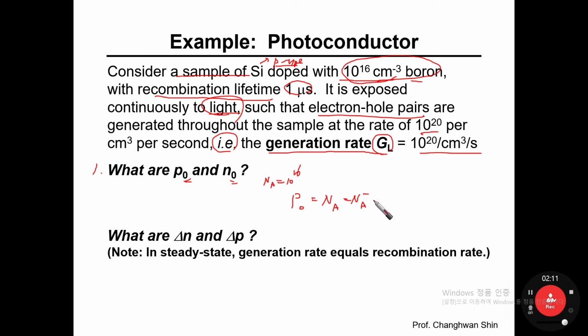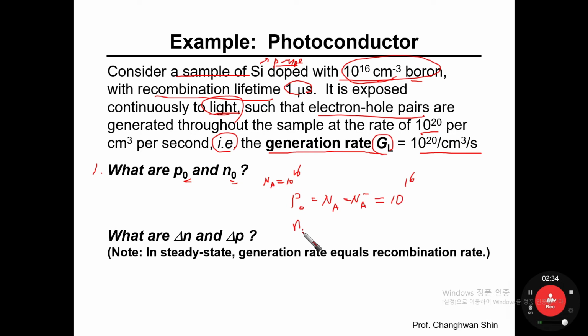Acceptor ionized state is a kind of shallow trap site, so it is easy to become ionized, easy to capture electrons coming from the covalent bonding, or from the valence band, into the acceptor site, which is positioned very near the valence band. So p_0 is 10^16.